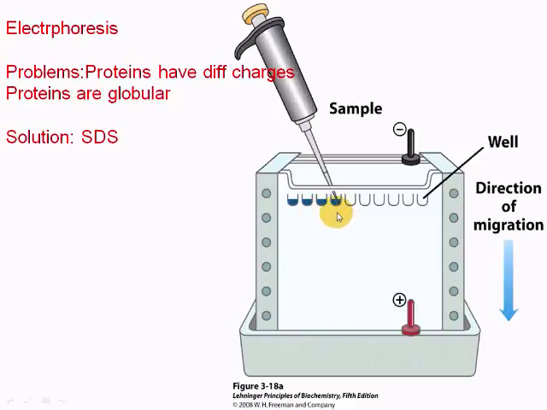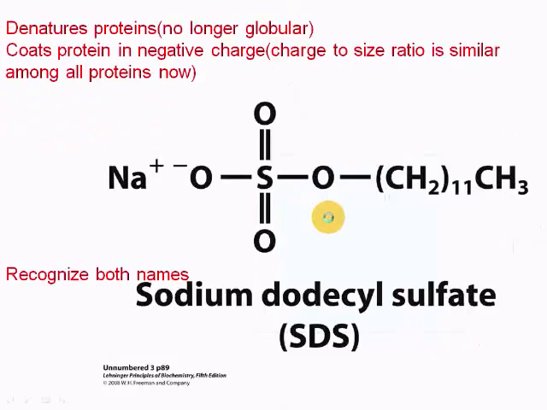And so if it's smaller, it's going to move down to the bottom. If it's larger, it's going to stay at the top. Sodium dodecyl sulfate is often used with electrophoresis. You want to know both names, so recognize it as SDS, just in case in the test the teacher says SDS, you'll know what he means, or if he throws this big word out, you'll know it's the same thing.